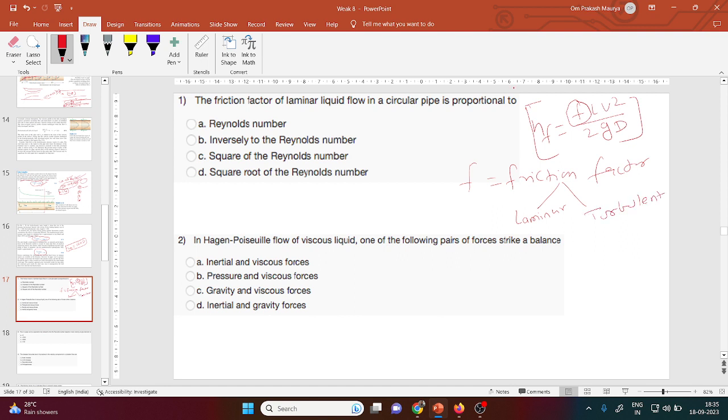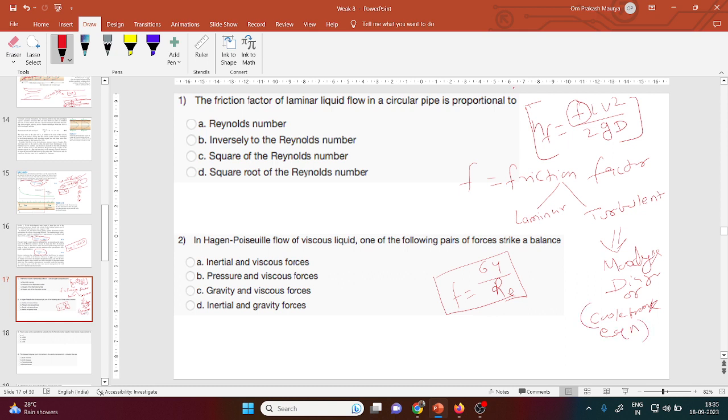For the laminar case, we will calculate the friction factor by 64 by Re, and for the turbulent case, we generally follow the Moody's diagram, or the equation given for this diagram, called the Colebrook equation.